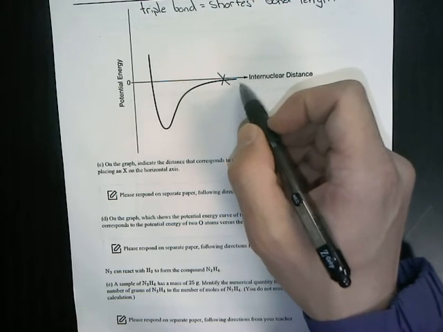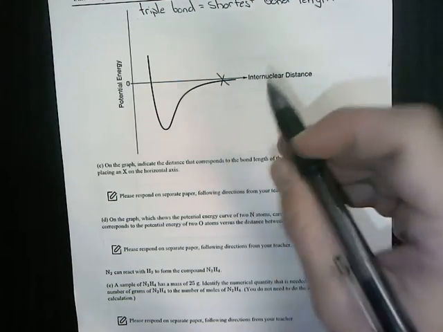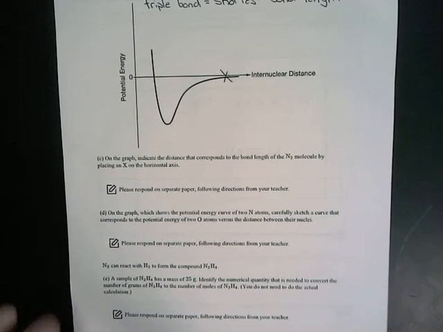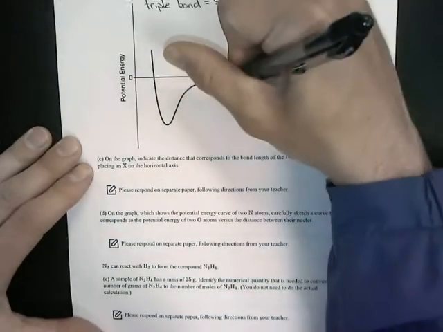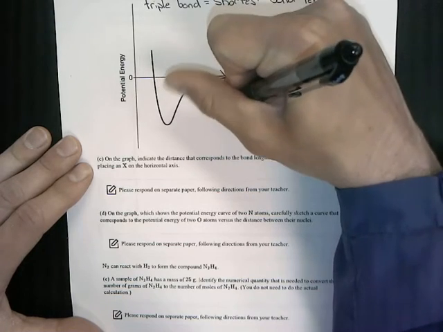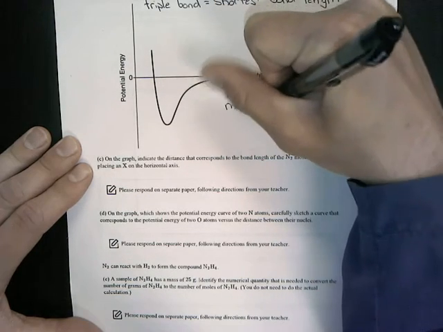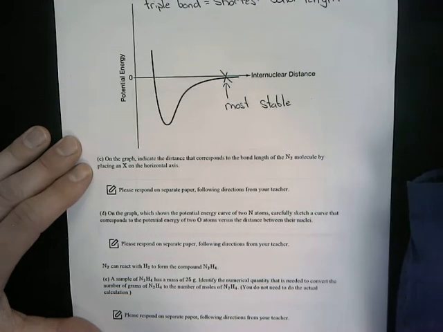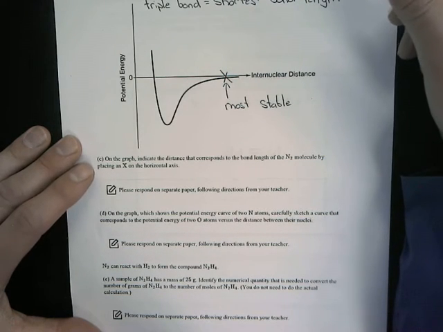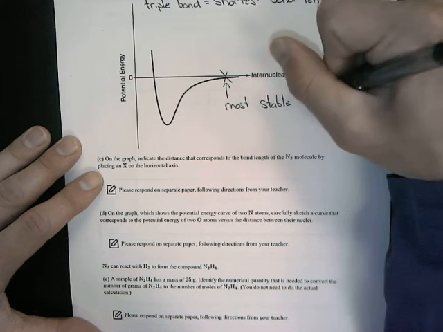But again, because our nitrogen has the most energy, the shortest bond length, it's going to be drawn right where I place that X. And we could go one step further. The question doesn't ask this, but this is the most stable distance. And again, think triple bonds are really strong. There's 3 covalent bonds shared between 2 atoms.